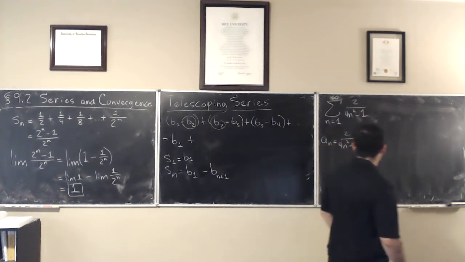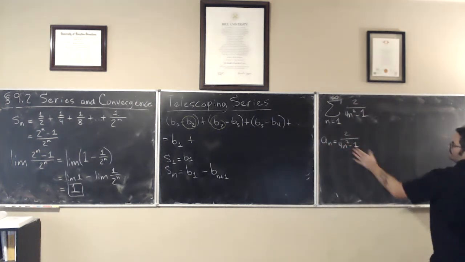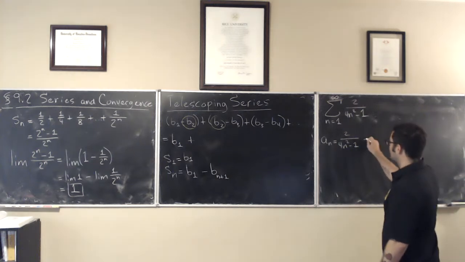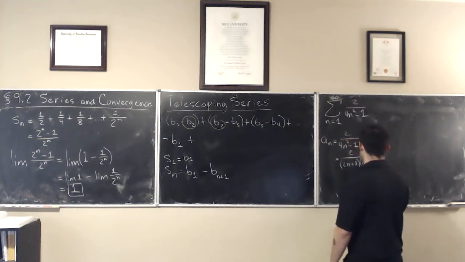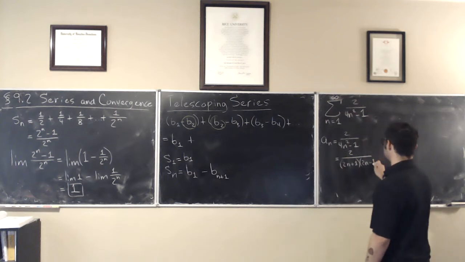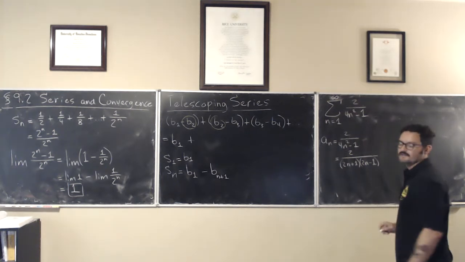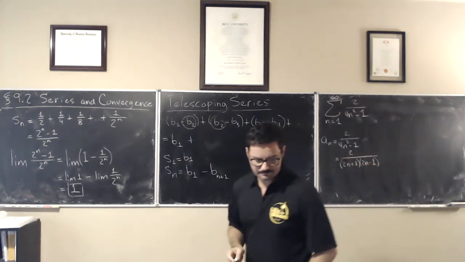But notice now that this is a difference of squares in the denominator, which means that we can rewrite this as 2n plus 1 times 2n minus 1, because it's a difference of squares.